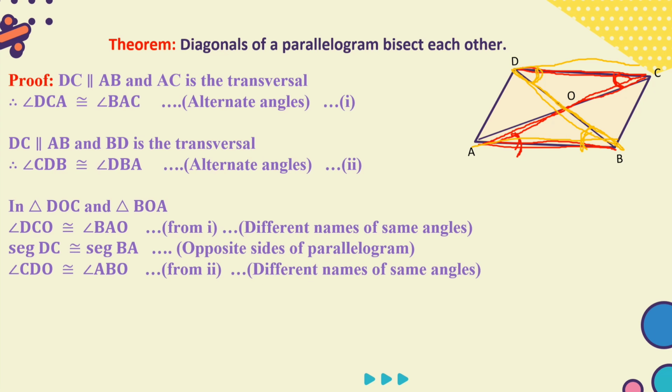And angle CDO will be congruent to angle OBA, different names of same angle. And if we see CD is congruent to AB because CD and AB are opposite sides of a parallelogram. So by which test the triangles will be congruent? Angle, side and angle. So by angle, side, angle test, these two triangles are congruent. Clear till here?